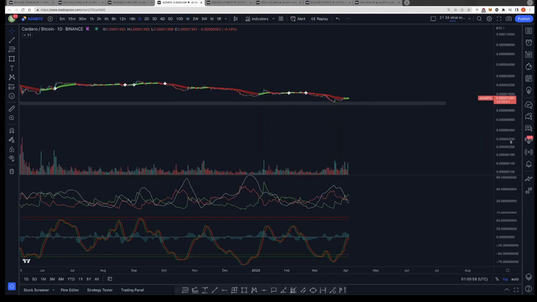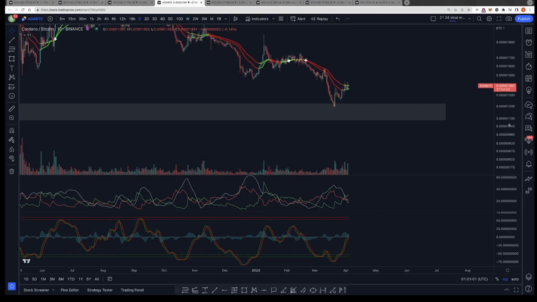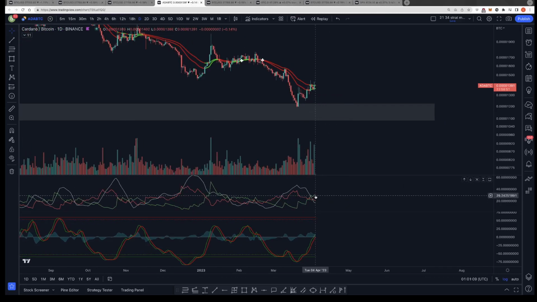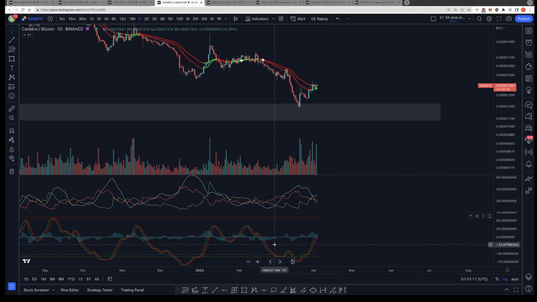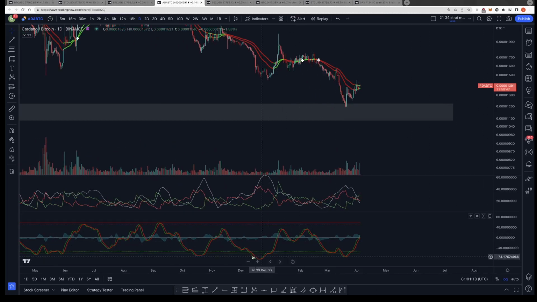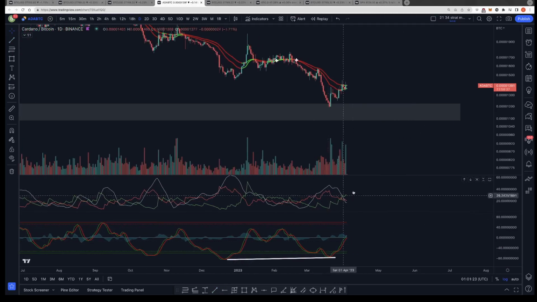If you look on the daily, we did have a little bit of volume coming in these past week or 2 weeks. We got a bull cross on the ADX DI. And our wave trend also has a bullish divergence here, which is noteworthy.